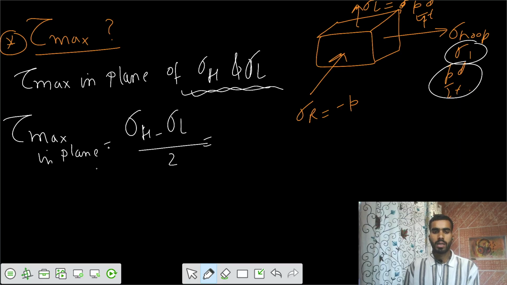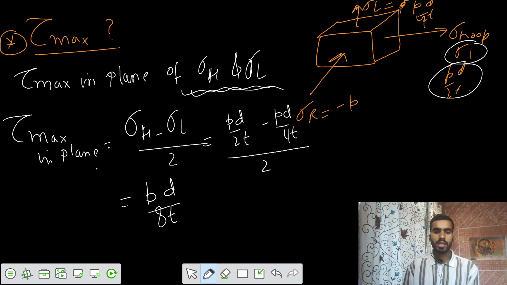That's PD by 2t minus PD by 4t, divided by 2. So finally you get a value of PD by 8t. Tau max in plane.